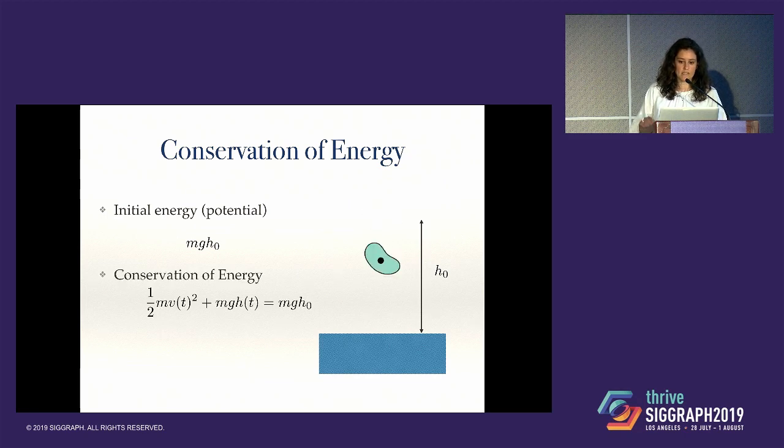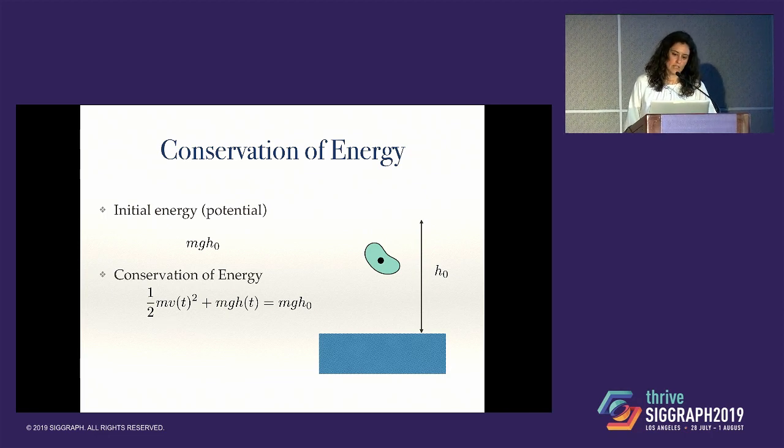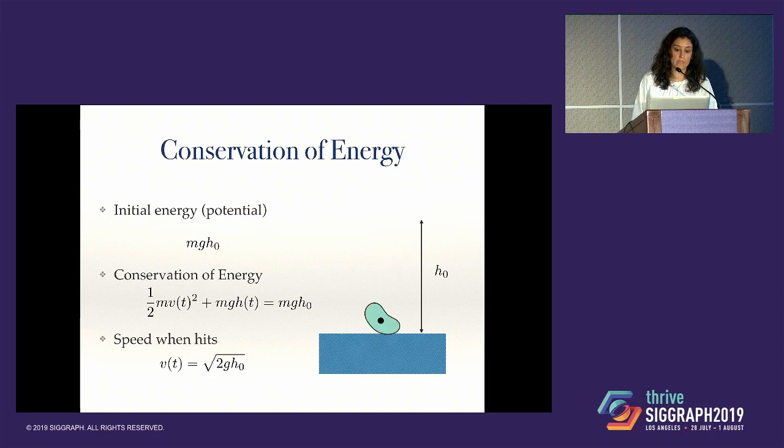And then as the object is falling, because of conservation of energy, if we ignore air resistance, it's going to have to satisfy this equation, which says that as it's falling, some of its gravitational potential energy is going to get converted into kinetic energy. But altogether, the sum of kinetic energy and potential energy has to stay that constant that we initially had. And then we can do things like solve, for example, for the speed of the object when it hits the ground by plugging in h of t equals 0 into the previous equation, the middle equation there, and solving for the velocity.